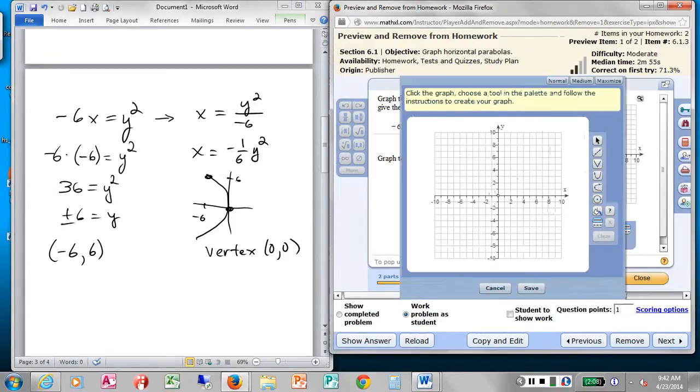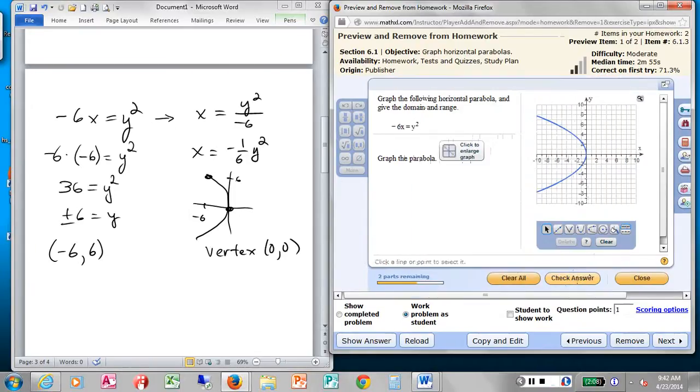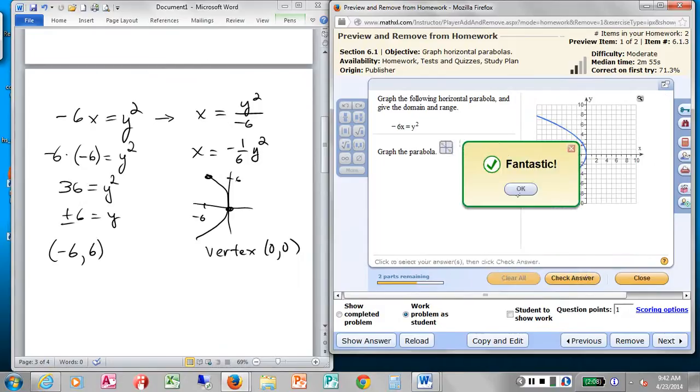So we've got 0, 0. We've got to select the sideways parabola. And then 0, 0, and then negative 6, positive 6, right there. And so that should get us, yeah, all right.